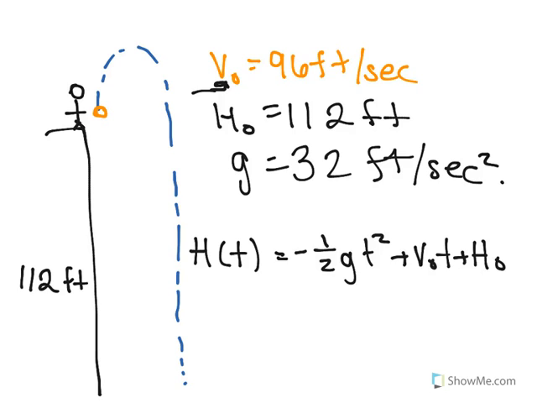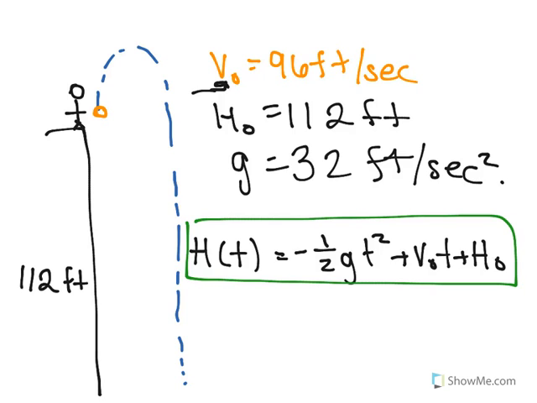Our first question was to find the ball's height and velocity at time t. As you might see here, we already know the height of the ball given any t with this function. So that is actually the question, finding the ball's height at time t. And now to find the ball's velocity, we want to find the derivative of the height.